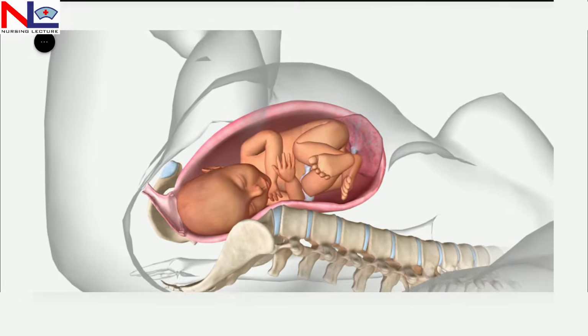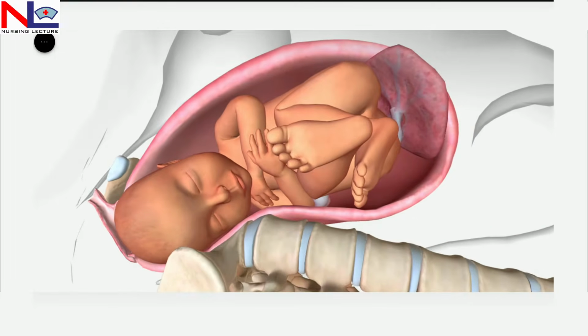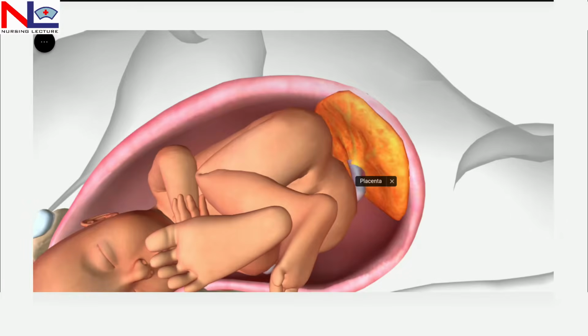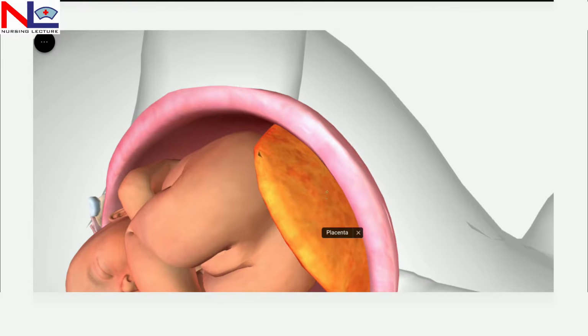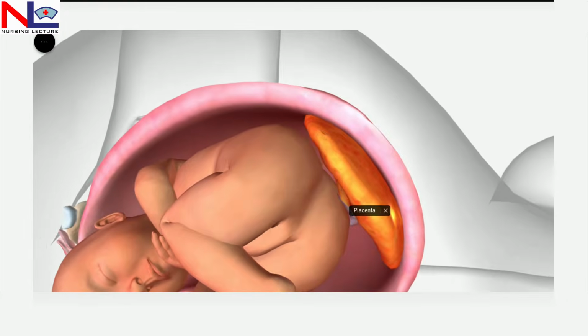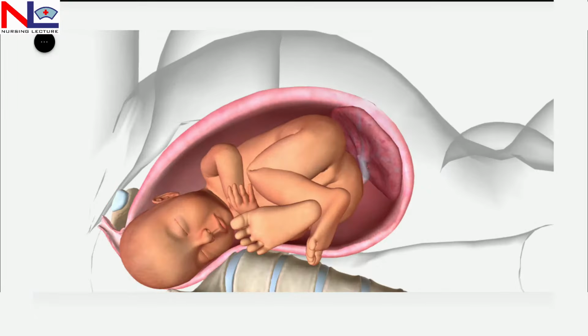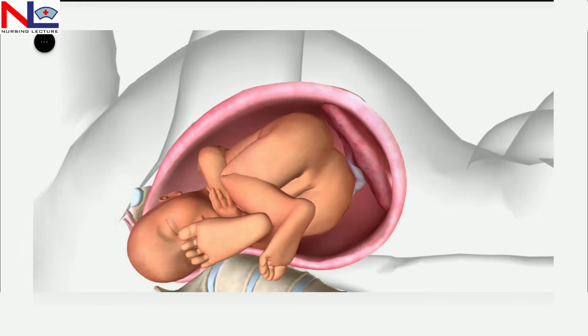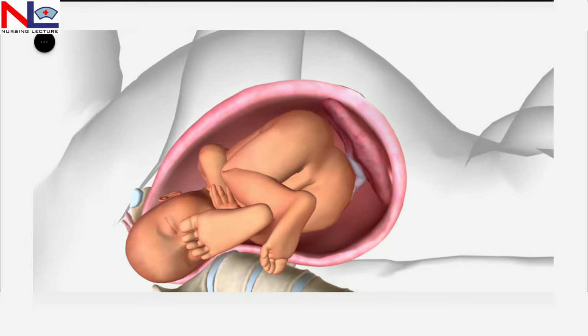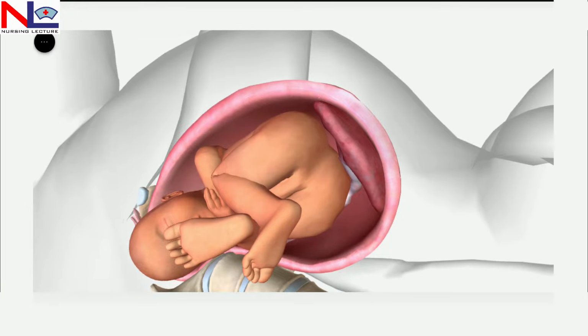So here in this gross structure of placenta we have seen two surfaces, one is the fetal and the another is the maternal surface, and the peripheral margin which connect the basal plate to the chorionic plate, and the separation of this placenta is going to take place at the term by the spongy layer of this functional layer in the endometrium.